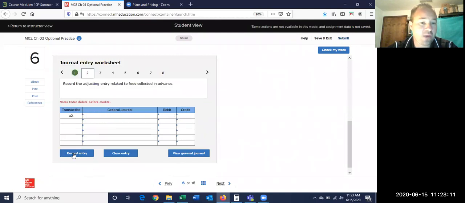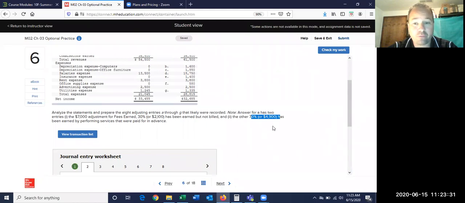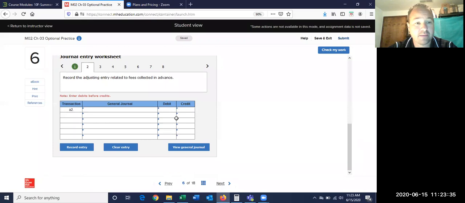So that's entry A1. Now A2, the other side of that, we need to account for the 4,900 that gets us up to 7,000. It was finally earned from people that had paid in advance, like gift cards. Think of the gift card examples. So that's the unearned revenue. People had unearned revenue of 4,900 in a balance before, but now they don't, because we've now done the work.